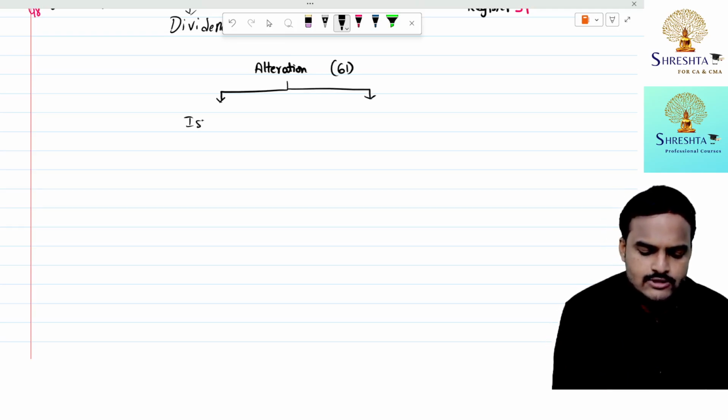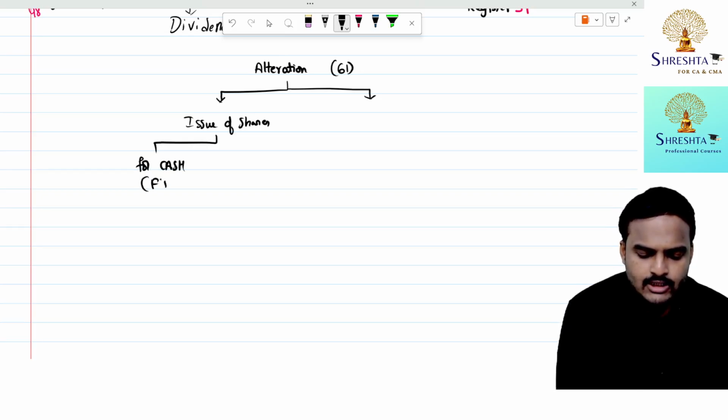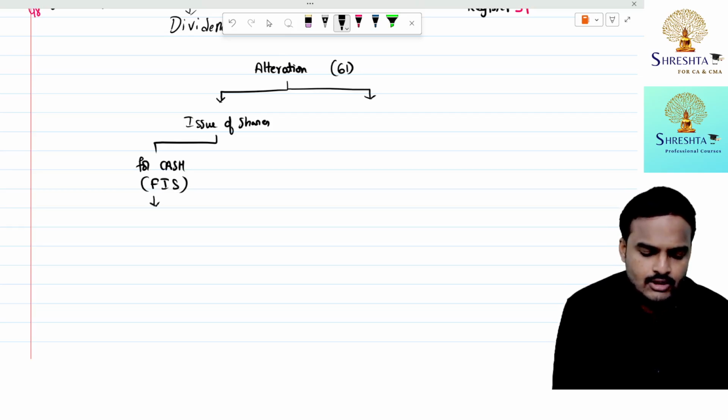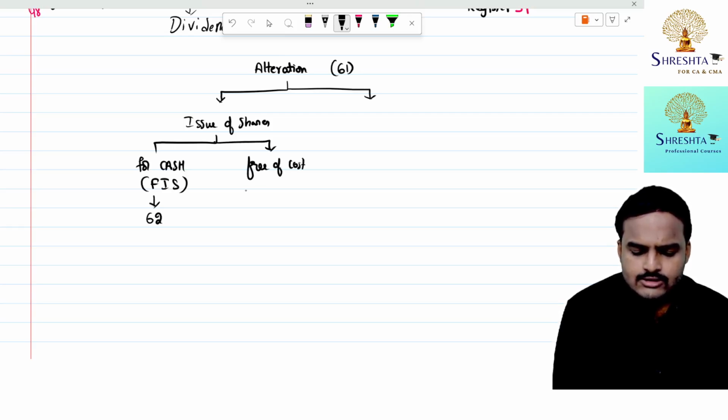So issue of shares for cash, simply further issue of shares, section 62. Free of cost, nothing but bonus, then section 63.